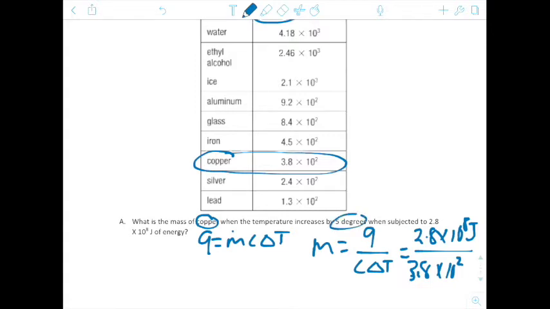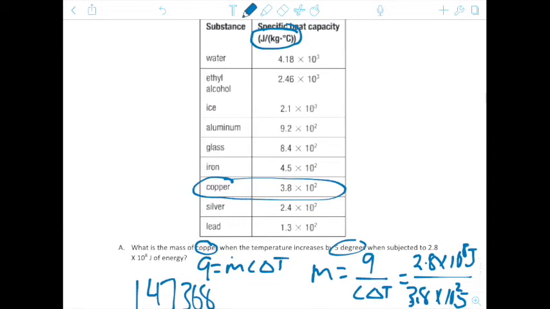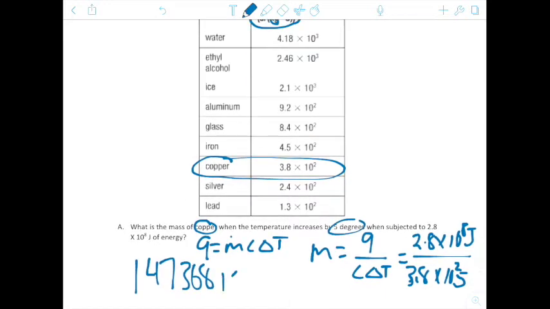So our change in temperature is going to be 5 degrees Celsius. And so we go ahead, multiply the bottom, divide the top by the bottom, and we will get a very large mass of 147,368. And since this unit is in joules per kilogram degrees Celsius, this is going to be kilograms.